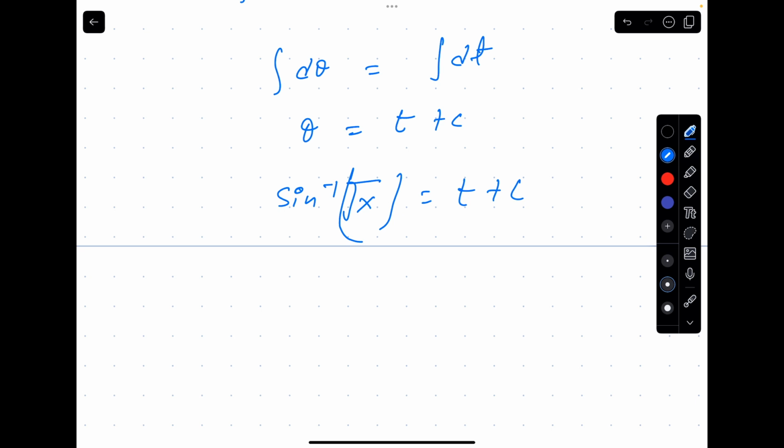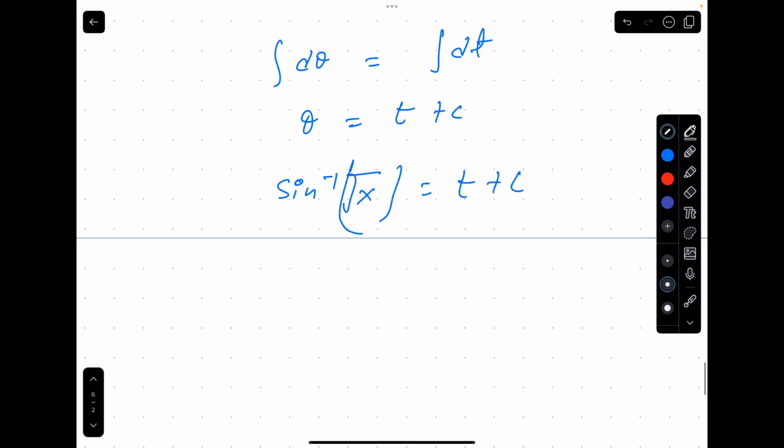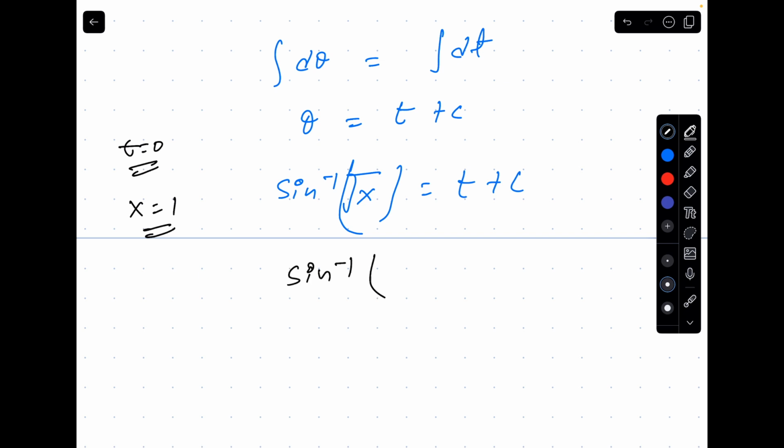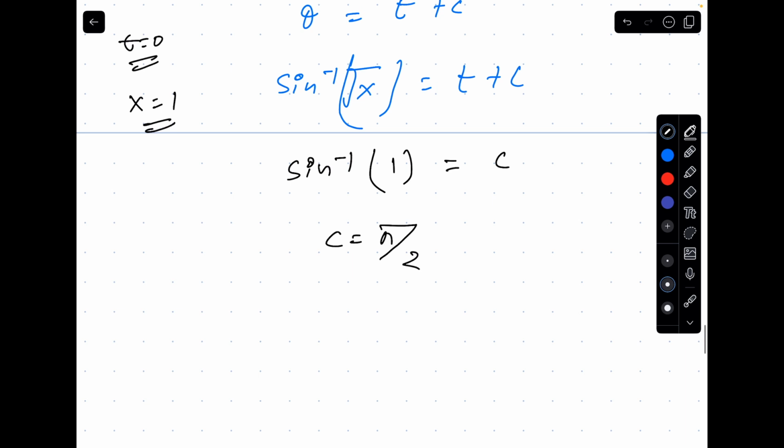Now what they gave us was that at t equals 0, the particle is at x equals 1. Alright. So let us find the constant value. So sine inverse of root 1 equals c. So the c value is pi by 2.